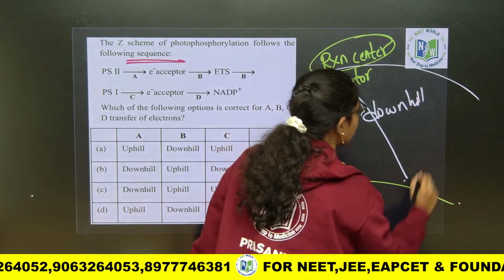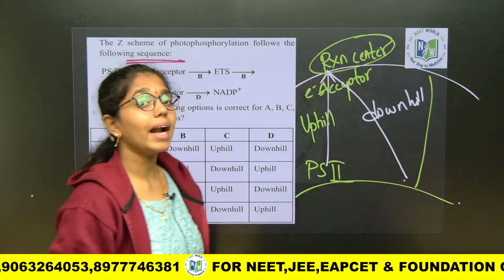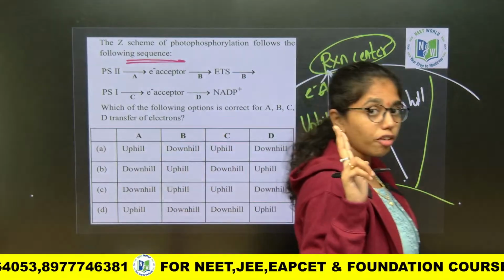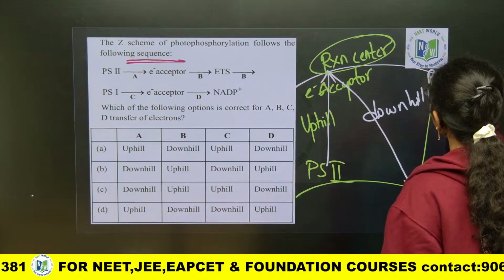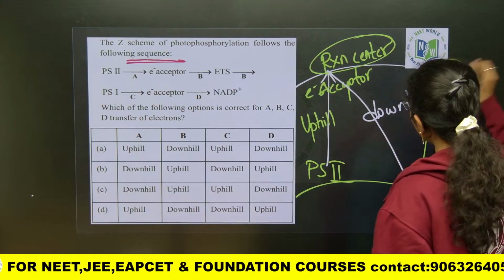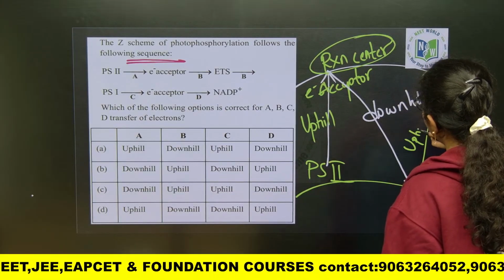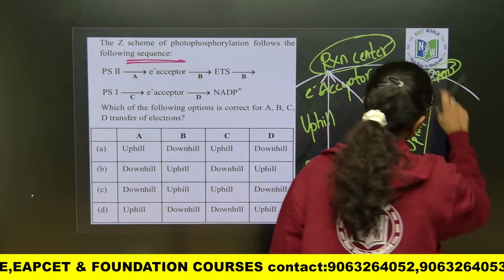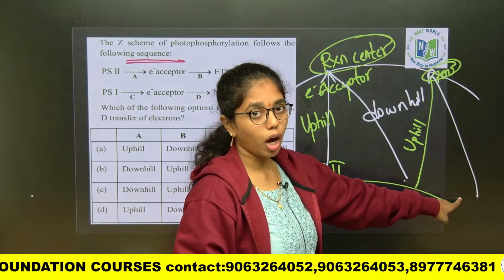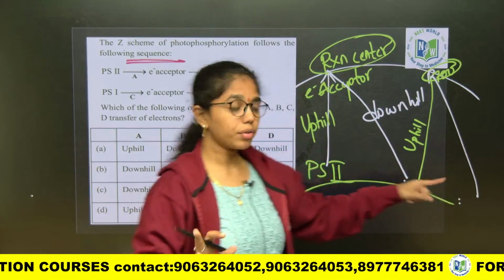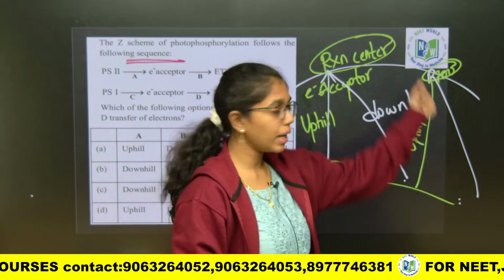From here electrons are again excited and given to the reaction center of PS1, which is P700, and here the electron movement is again uphill. Lastly, again a downhill movement of the electron transport system. Have you understood this? Uphill, downhill, uphill, downhill.